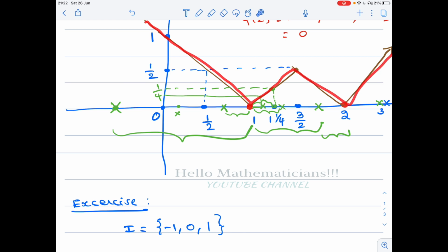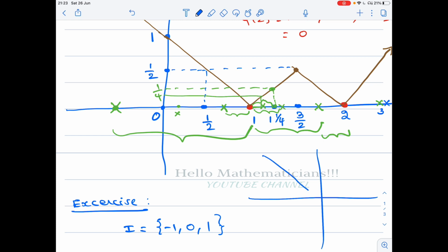Okay. Therefore, the function clearly has no discontinuity. It is a continuous function, you can draw it without lifting the hand, and it has sharp corners at these 3 points, 1, 3 by 2, and 2. If you remember, mod x is not differentiable at 0. Okay, f of x equals mod x has a sharp corner like this.